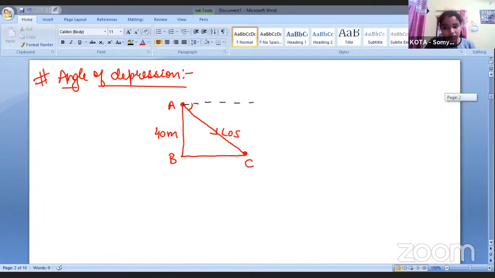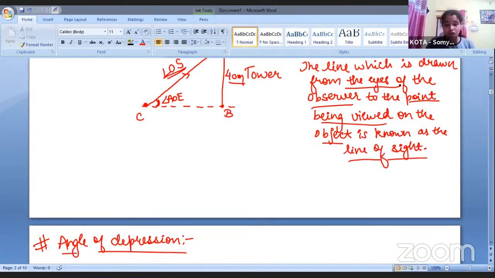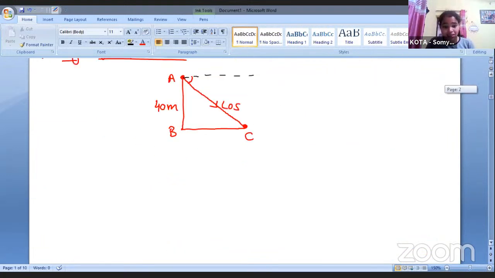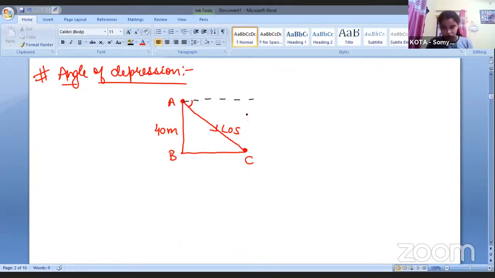Here we can see that this particular horizontal line, we can say it is the ground because it is coinciding with the ground. We cannot help it. But in the next case, it is parallel to the ground. It is horizontal. Ground is also horizontal, but here it is parallel to the ground. So the angle of depression will be this one.